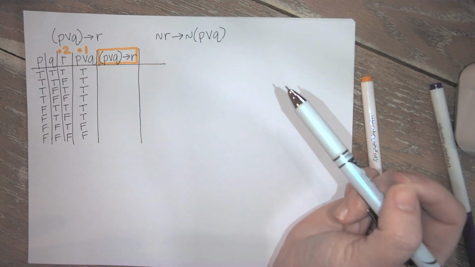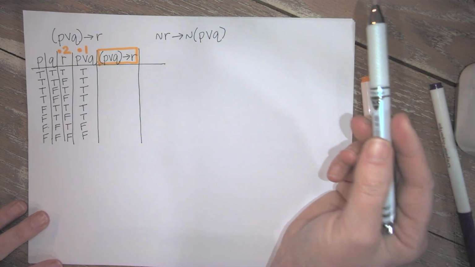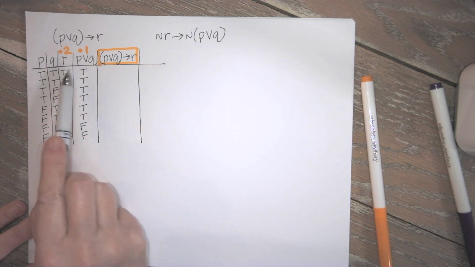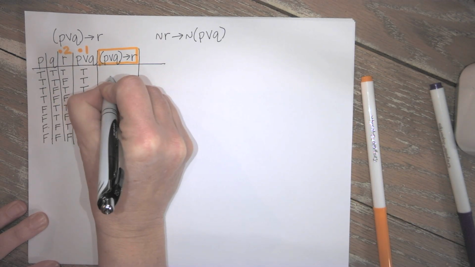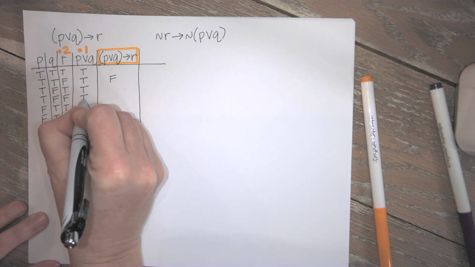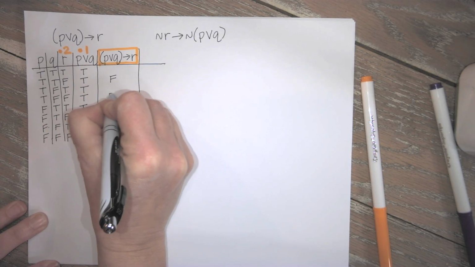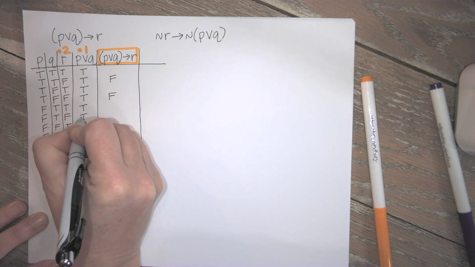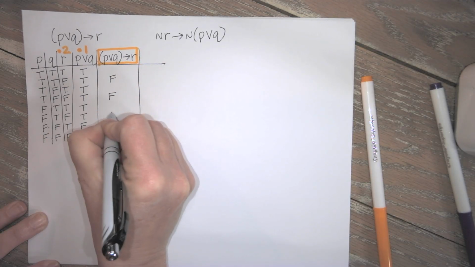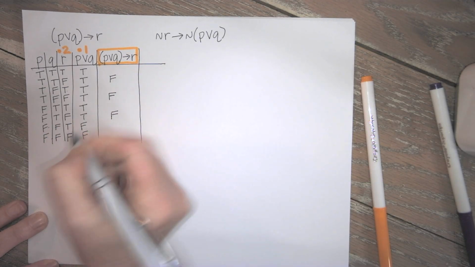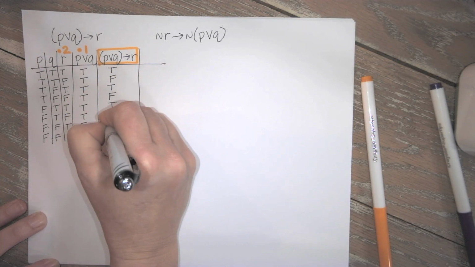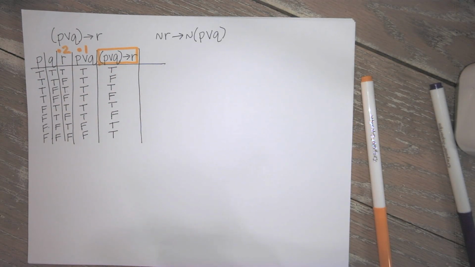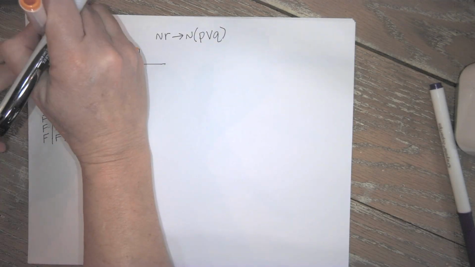So I'm going to go through and look for any scenarios where that happens. We have true, true, not there. True, false, there's one. True, false is going to come out false. Here's another one. True, false is going to come out false. There's one more. True, false is going to come out false. Then I just go back, because I know that's the only time it will be false, and fill in the rest with trues. So that's our answer column for our first statement.